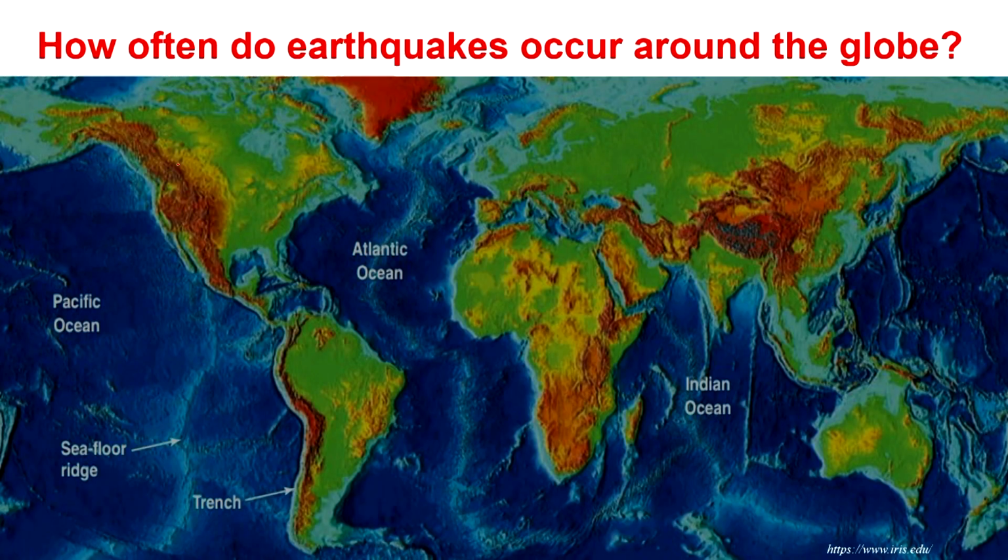But now, coming to the part of how often do earthquakes occur around the globe? As we discussed, recently we had the Myanmar earthquake, and that was 7.7 magnitude. But how often are earthquakes occurring?